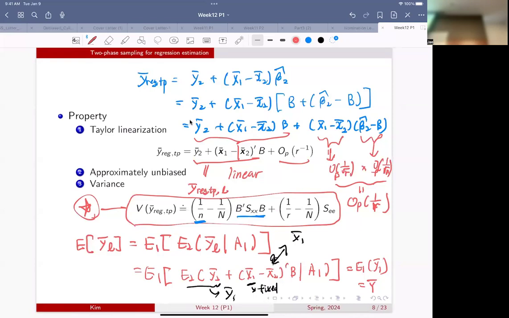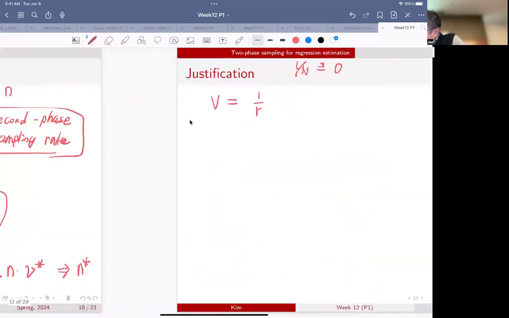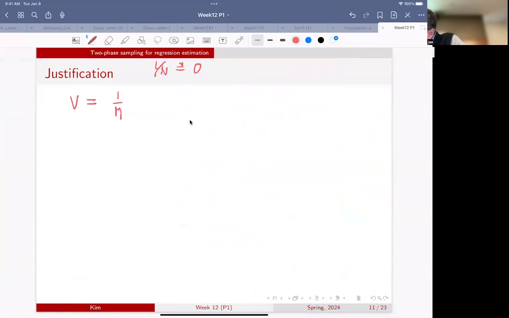It's very small anyway. Then basically you have two components, 1 over n b prime S_xx b plus 1 over r S_e squared.